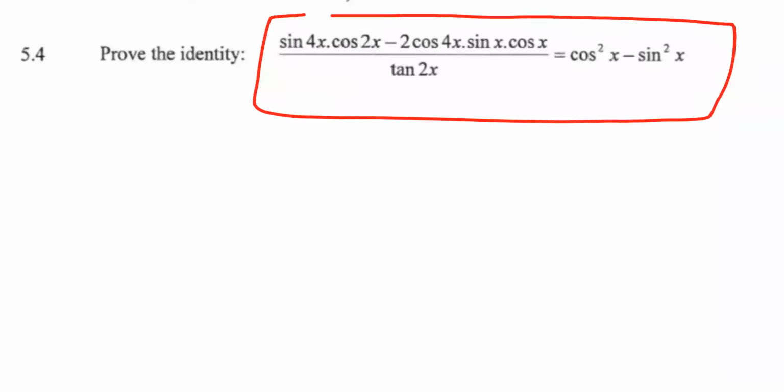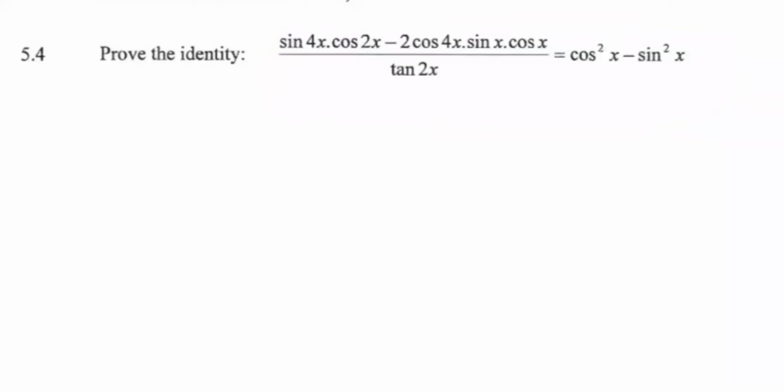Prove the identity. Again, start off by copying this down, and then we're going to simplify it. I realize now that it's past 1 o'clock, but can we just do this last question? This looks very funny.